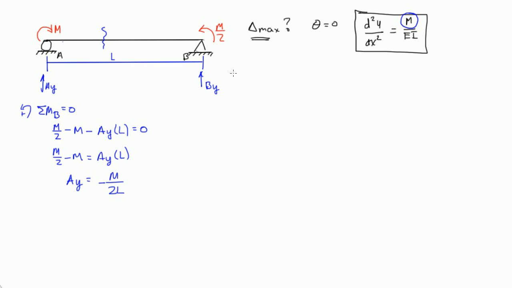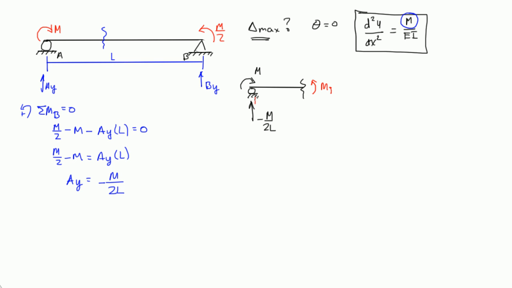So if we cut here, let me draw that span again. It's going to look something like this, and it has a roller here, and the reaction there is negative M/2L. Then you have this moment being applied, and then you have the cut here and the internal moment, let's call it MI for internal moment.